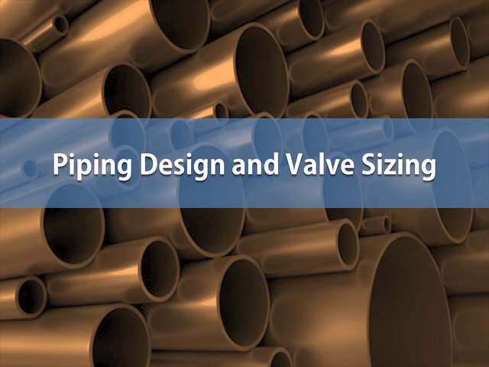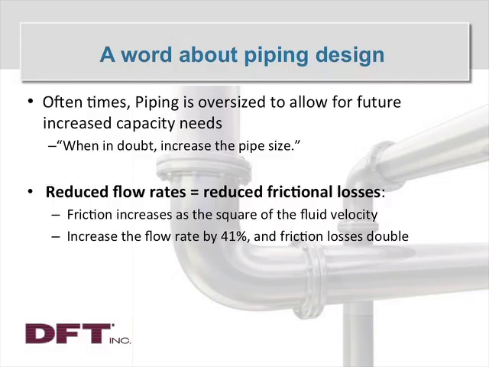Okay, so let's move on and talk about piping design and valve sizing now. A lot of work goes into designing process piping, and ironically, you have to start that design process before you have all the design parameters fully nailed down. It's truly an iterative process, as well as a process filled with assumptions at the very beginning.